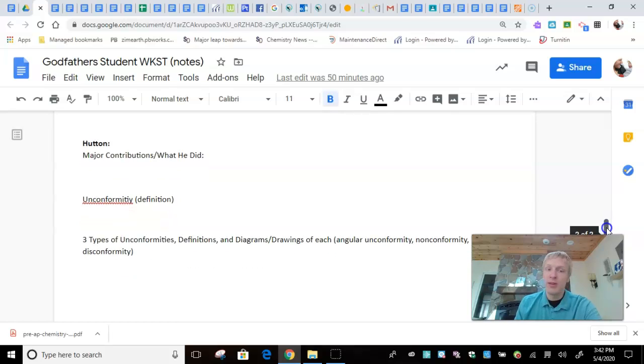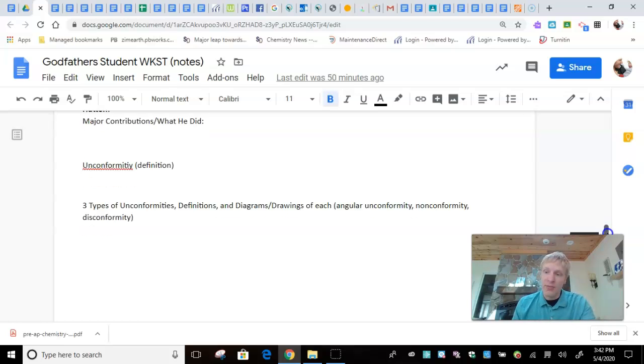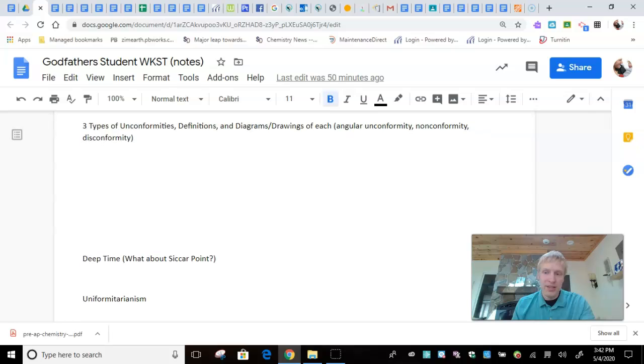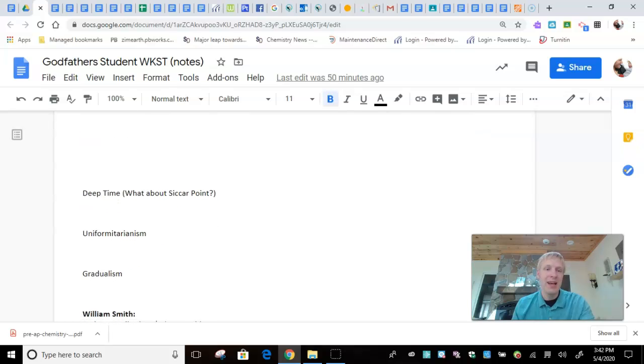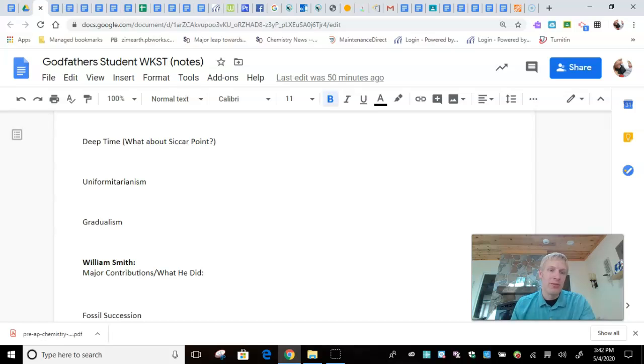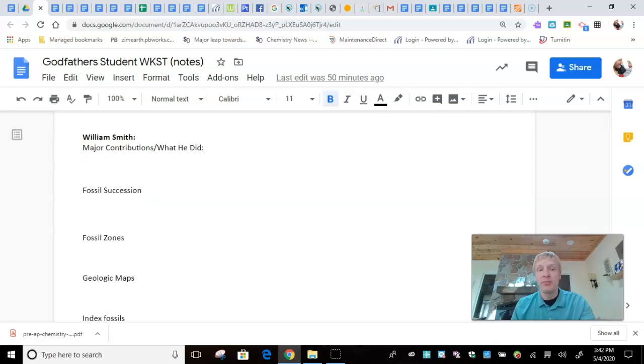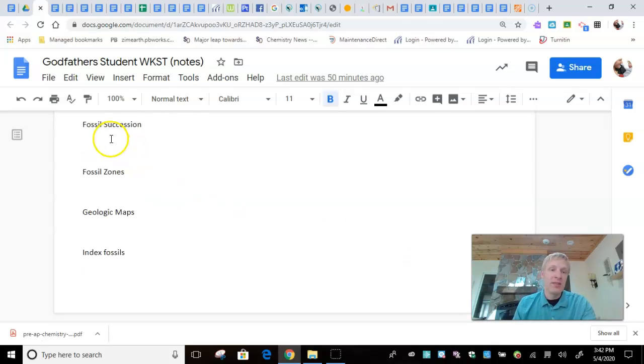Hutton, what was his major contribution? Unconformities. There are 3 of them, so talk about all 3, show some pictures. Deep time. He does talk about uniformitarianism and gradualism also. And then there's William Smith, major contribution. Include fossil succession, what's a fossil zone, geologic map, and an index fossil.